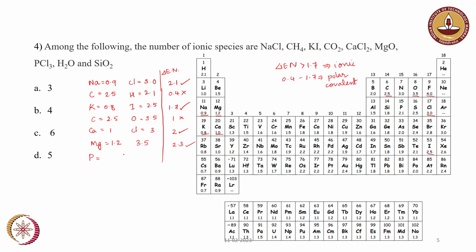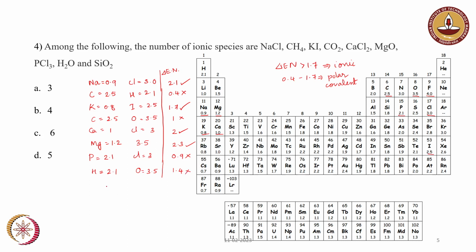Phosphorus is 2.1, and chlorine is 3, so it's 0.9. So it's not an ionic compound, it's a covalent compound. Next one is water. Hydrogen is 2.1 and oxygen is 3.5, and the electronegativity difference is 1.4. So it's polar covalent.